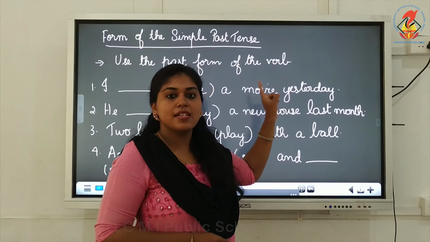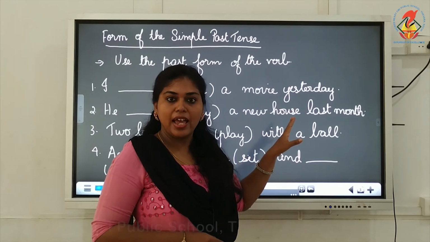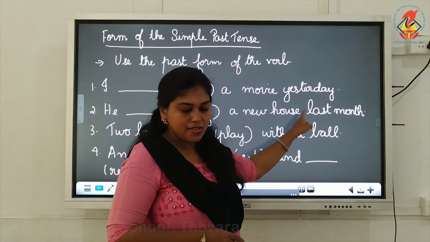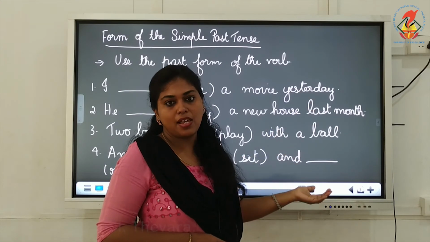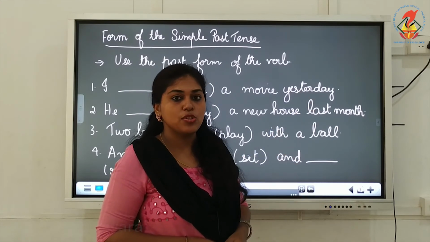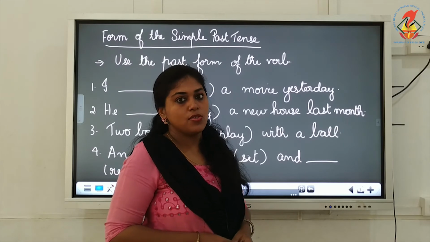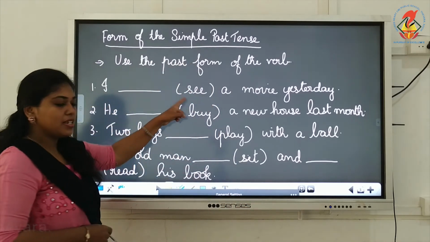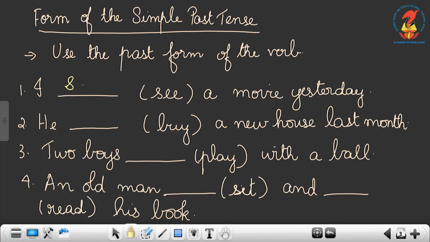Here it is understood that it is a completed action. From the word yesterday, it is clear that it is a past action. So we have to use the simple past form. What is the simple past form of see? Yes, saw is the simple past form of the verb see.